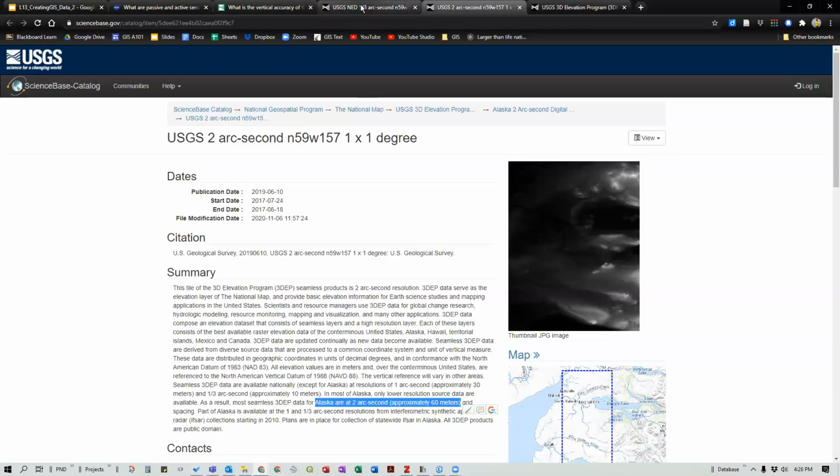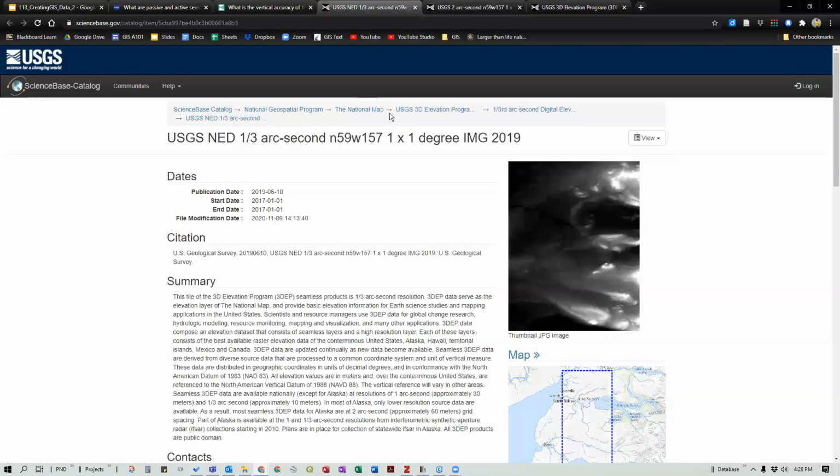But for that same area, there's also a 1/3 arcsecond image available. And that 1/3 arcsecond image has a resolution of approximately 10 meters. So that's getting a little bit better. I can start to understand elevation change over a much smaller area.